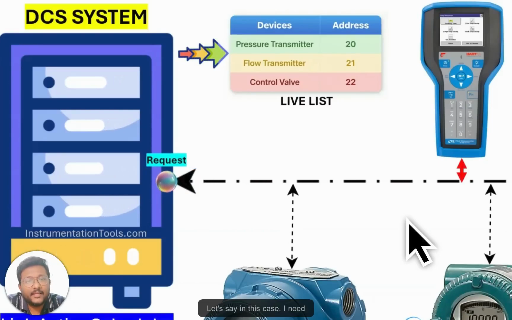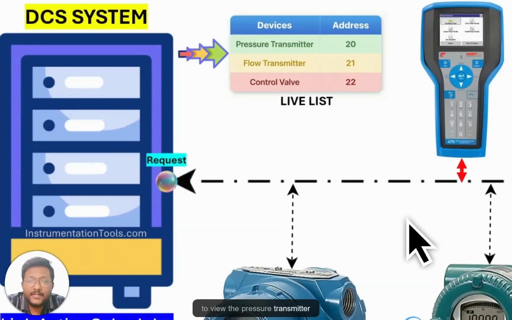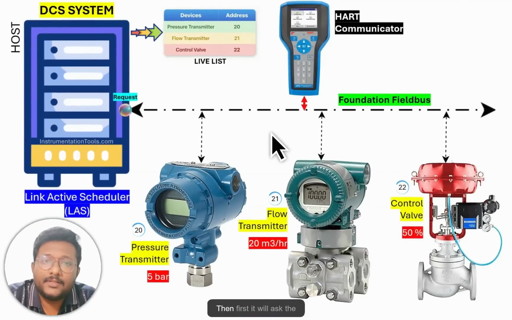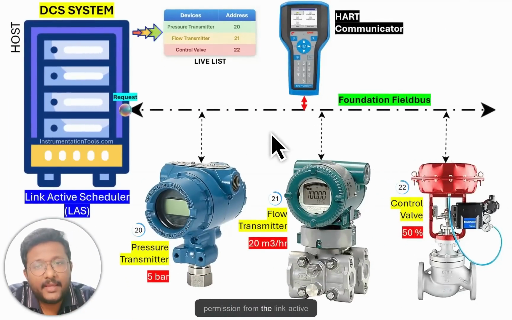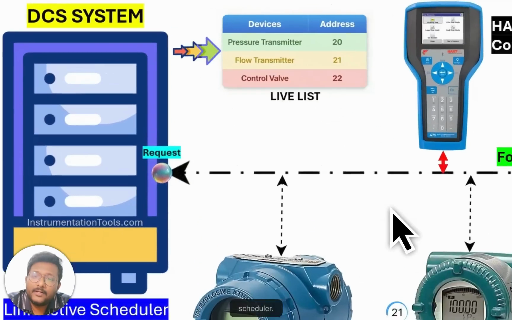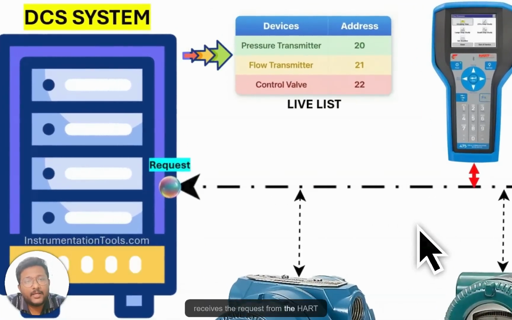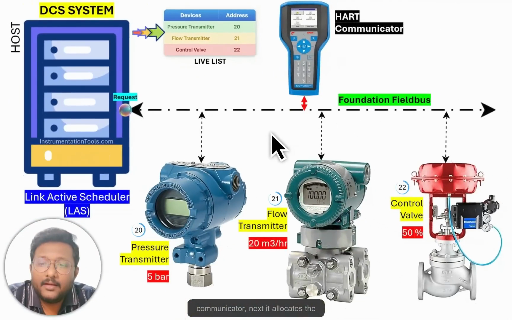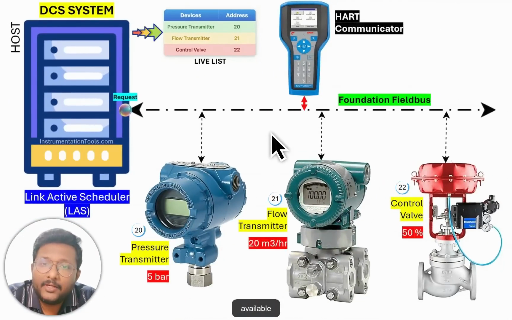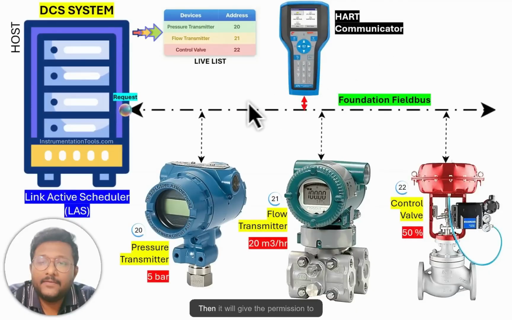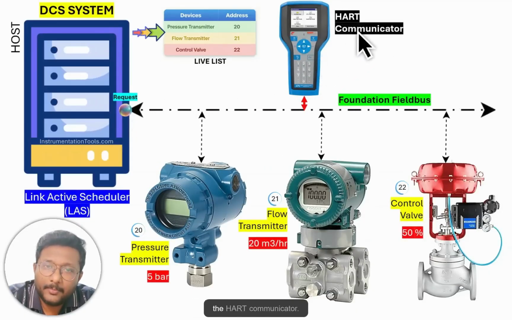Let's say in this case, I need to view the pressure transmitter configured range. Once the Link Active Scheduler receives the request from the HART communicator, it allocates the available time slot to this HART communicator. Then it will give the permission to the HART communicator.